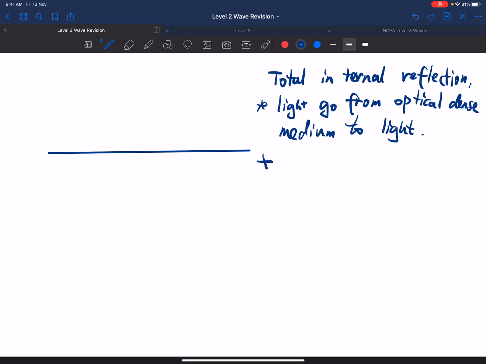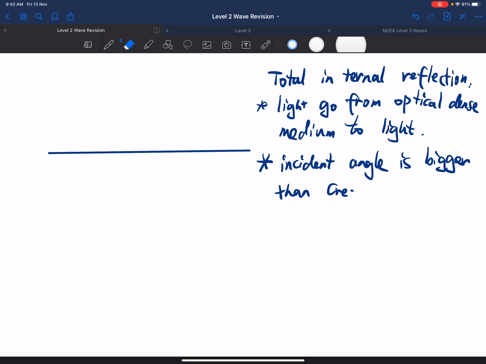And the second one is the incident angle needs to be bigger than the critical angle. Right? Always test you this. So that is the two criteria.